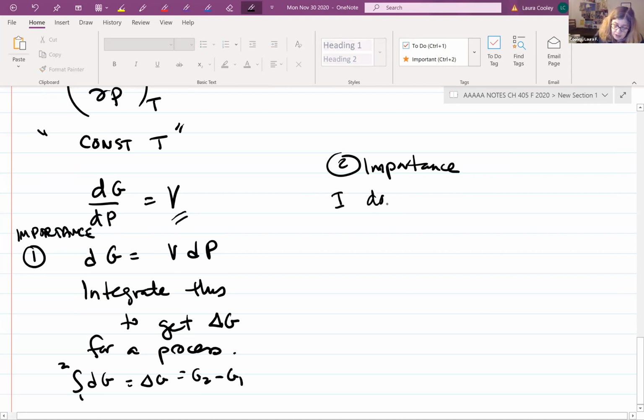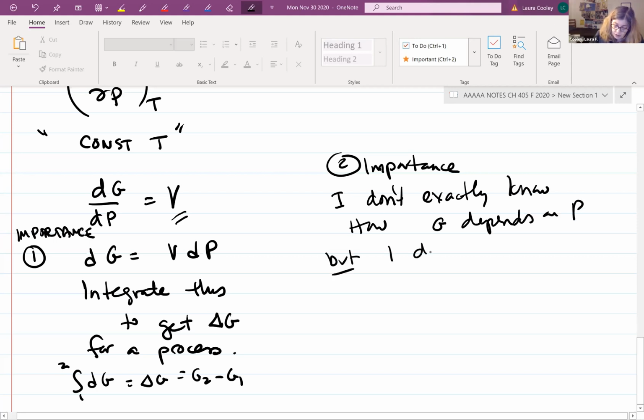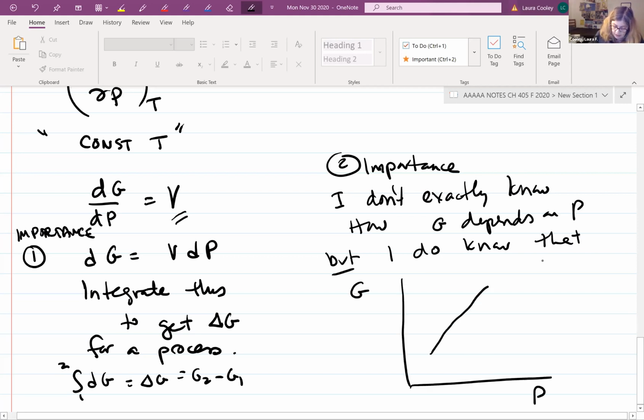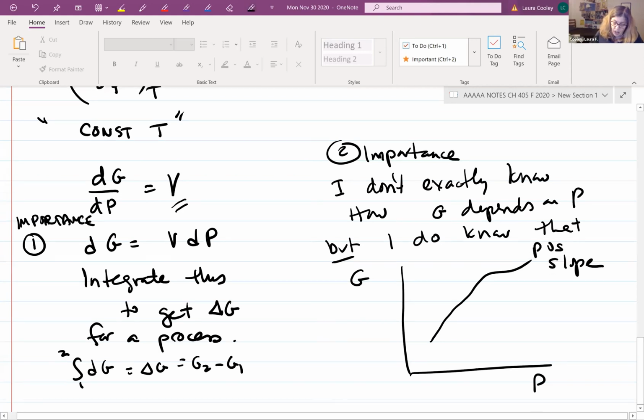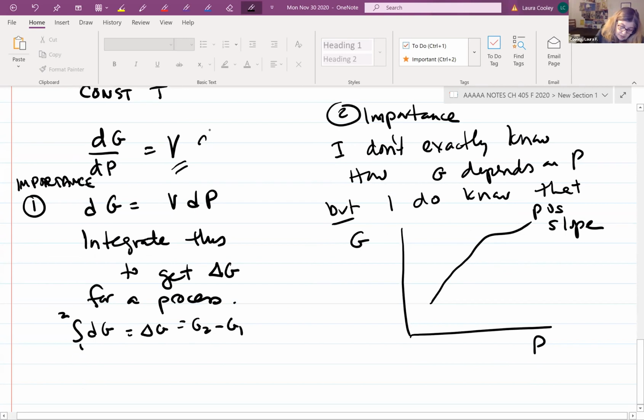So I don't exactly know how G depends on P, but I do know that the graph of G versus P has some kind of positive slope because volume is always positive.